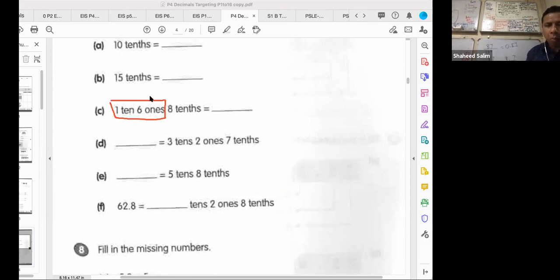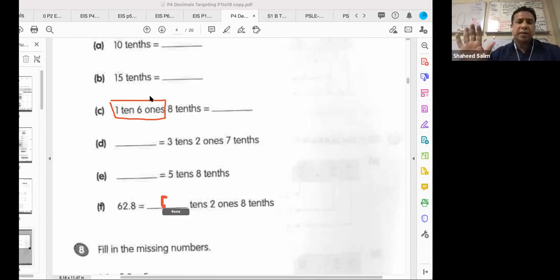F. Not 60 tens. Not 60 tens. Yes, just 6 tens. Good.